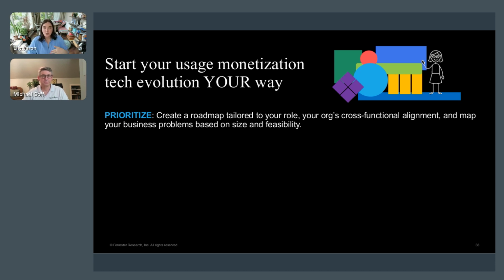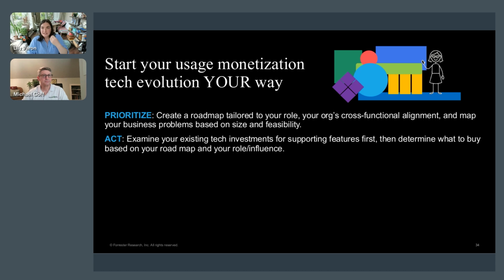So it's really important to start somewhere, and to examine where you are today, including your technology stack. One of the things that we always talk about is that it doesn't always have to be new tech. Your existing partners are certainly evolving their solutions to be more usage friendly, sometimes more than others.